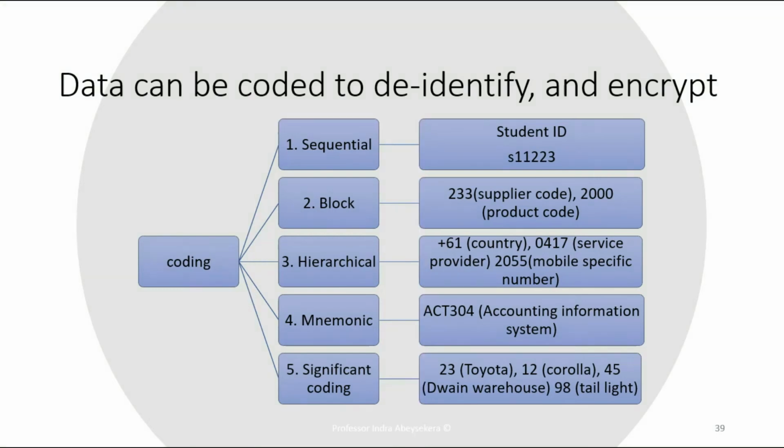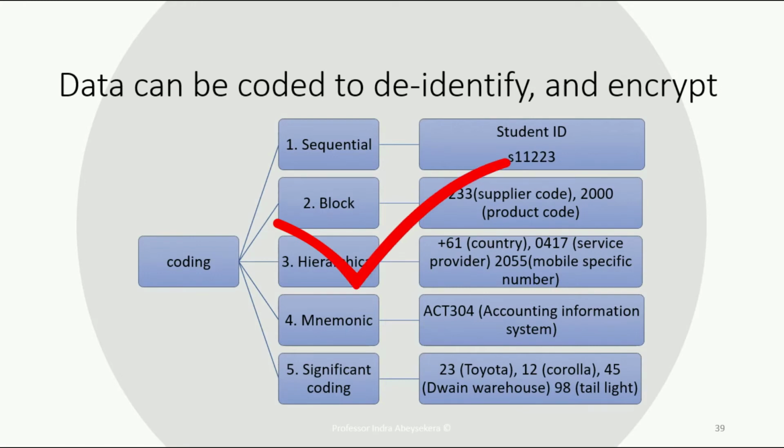Sequential is where you give a sequential number, like for a student name, we can give a student number. The second is block codes. That means for a supplier, we give a certain code, and for products, we give another code. Third is hierarchical.